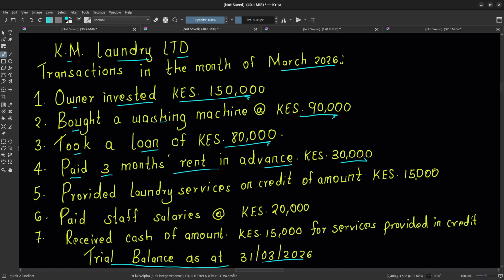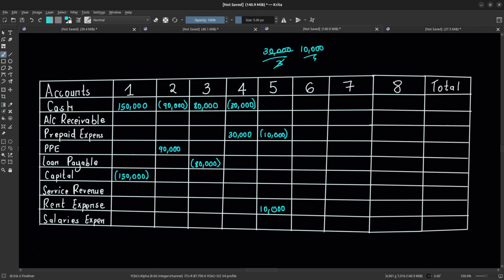Then you have the business provided laundry services on credit of amount Kenyan shillings 15,000. So you need to recognize an account receivable, which is 15,000. So you need to debit that account to recognize that you're going to be paid this amount.